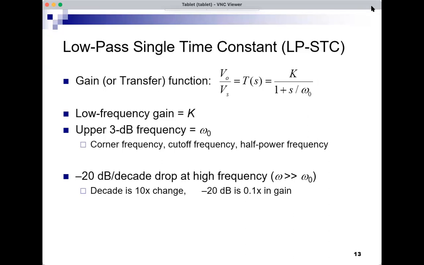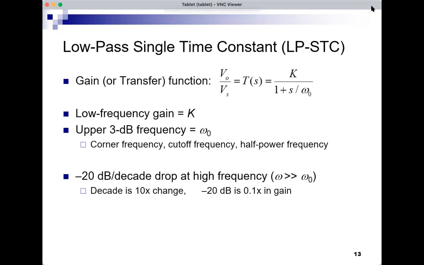So that's this part I know because it's a low pass transfer function. But now I can tell more because of the form of the transfer function. If the frequency of the input is much bigger than omega 0, the gain will drop at a rate of -20 dB per decade.